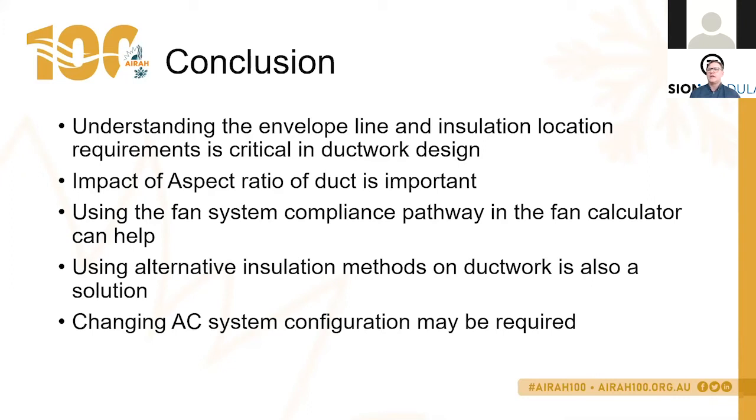You can look at other alternative methods, performance-based approaches, energy analysis, calculations, alternative design methodologies, alternative products, as long as they meet the compliance requirements within the code, so they meet the governing requirements of Section A of the code.